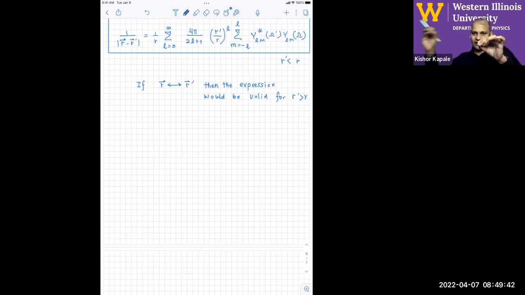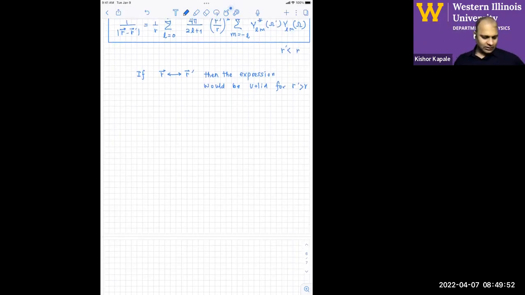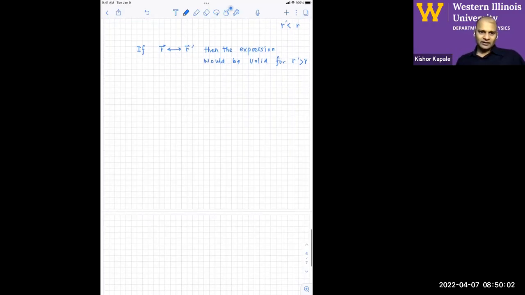You can be far away from the charge distribution, or you can be inside the charge distribution, and you can determine the fields near the charge. So you can determine both the near field as well as far field. You can't do that with Taylor series. So that's the advantage of doing it this way, right?